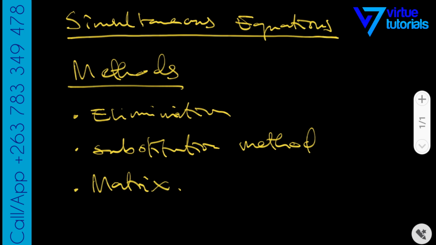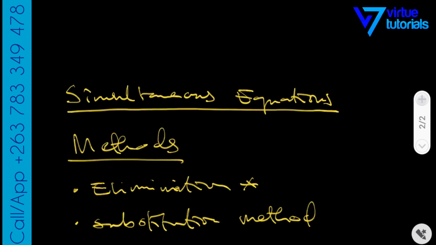You can solve simultaneous equations using any of those methods, whichever one works for you. In this lesson, we want to start by looking at the elimination method, and see how we can use it to solve simultaneous equations. So let's look at an example.